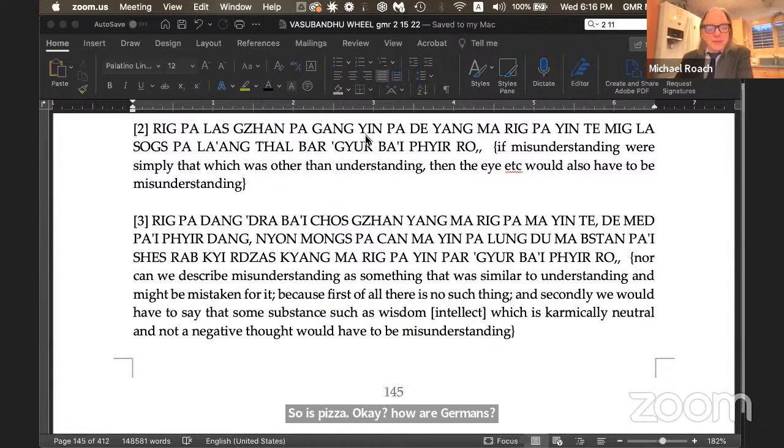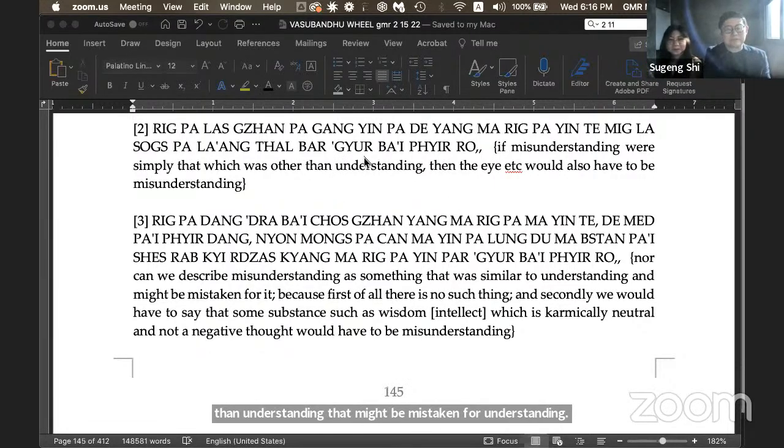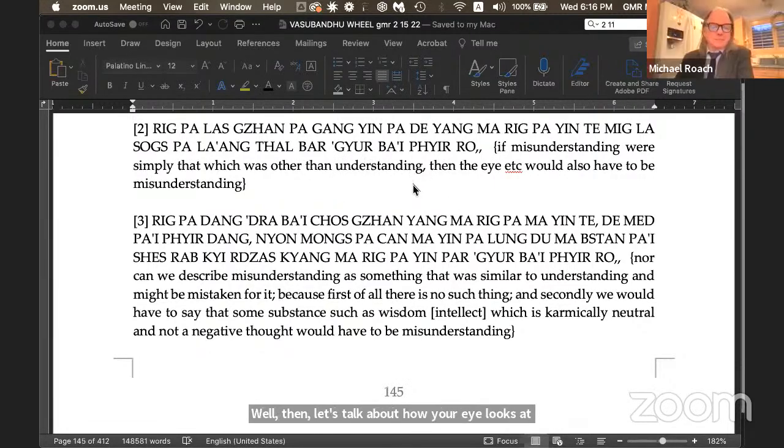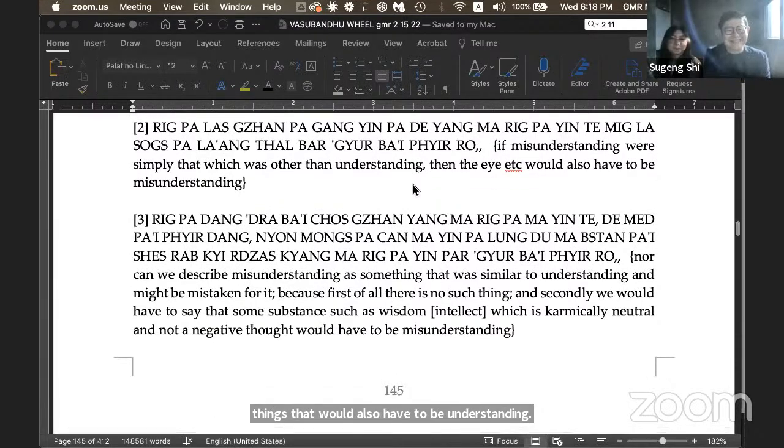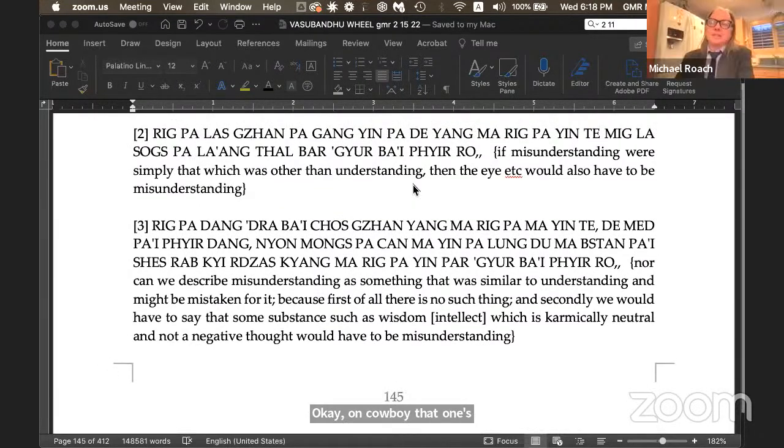If misunderstanding means something other than understanding that might be mistaken for understanding, well, then let's talk about how your eye looks at things. That would also have to be understanding. That was pretty easy. So just describing the first link of the Wheel of Life as something other than understanding is not going to be a good way to go. Like the Super Bowl hustle is also other than understanding.